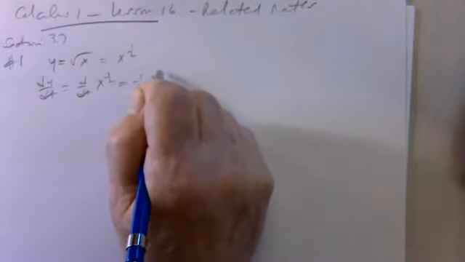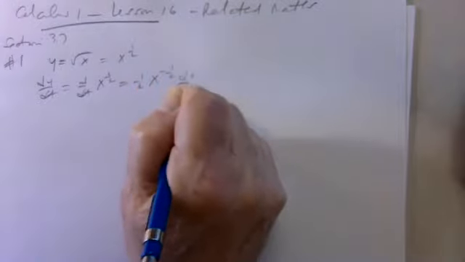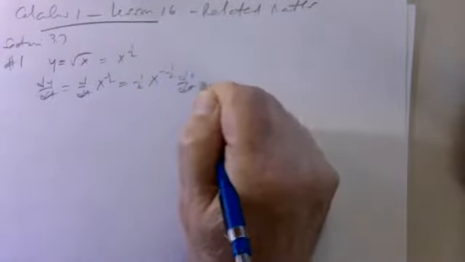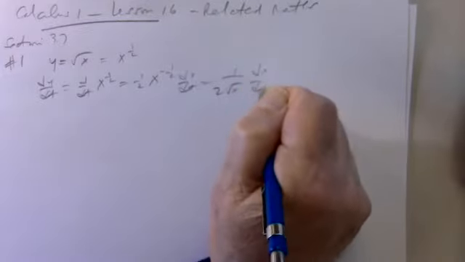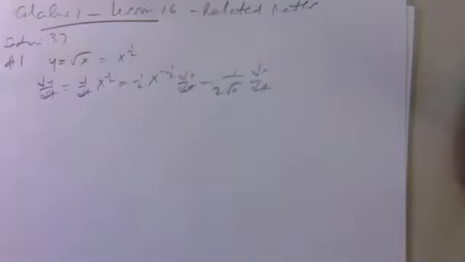If we differentiate with respect to t, the derivative of y with respect to t is the derivative with respect to t of x to the 1/2, which is 1/2 x to the minus 1/2 dx dt, or 1 over 2 times the square root of x dx dt.